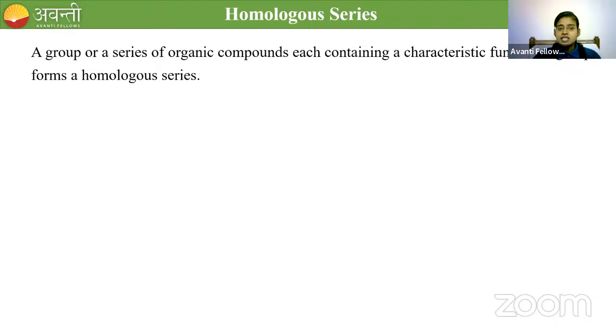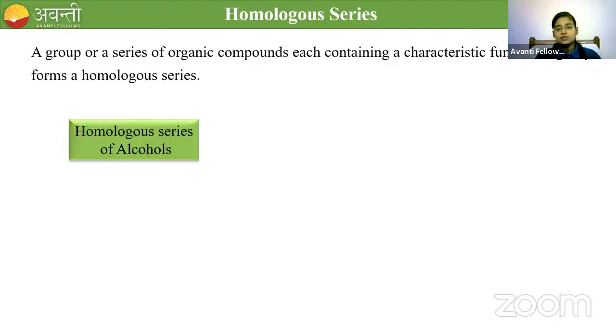A homologous series is a group or a series of organic compounds, each containing a characteristic functional group. Suppose, for example, I am taking alcohol. What will be the homologous series of alcohol?